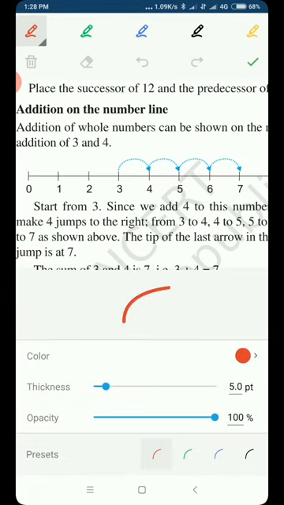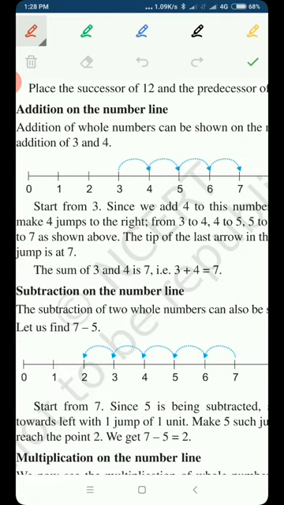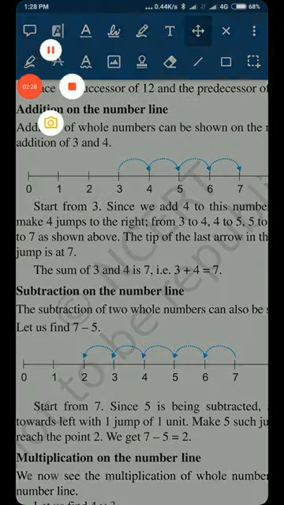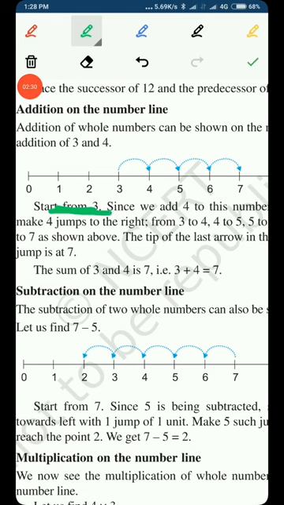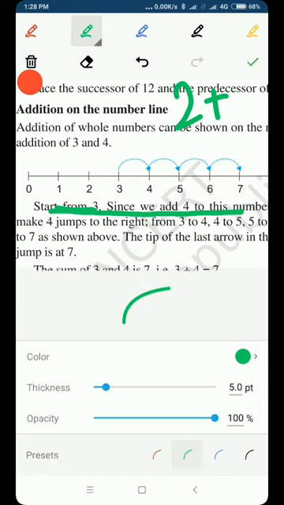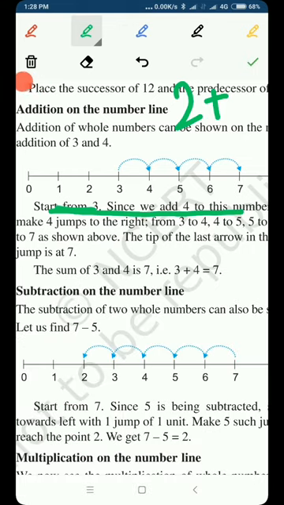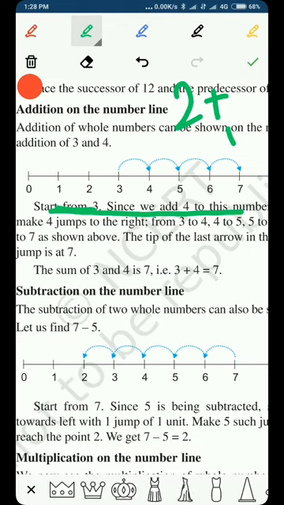I have written the topic here, addition on the number line. As you can see, there is a number line, and suppose we have to add 2 plus 1. We have to add the two numbers 2 and 1.